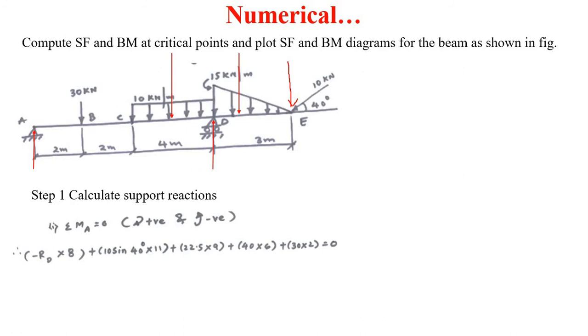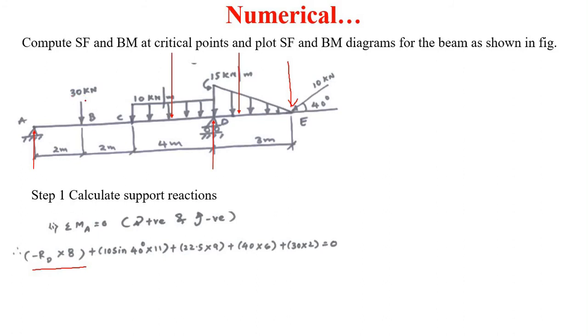RD into the distance, 4 meter plus 2 meter, 6 meter, plus again 2 meter, that is a total of 8 meters from point A. So minus of RD into 8, because RD will try to rotate in the anti-clockwise direction.